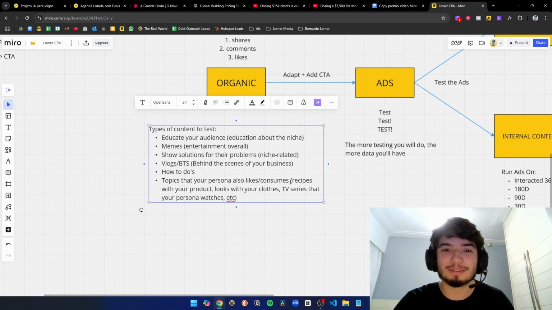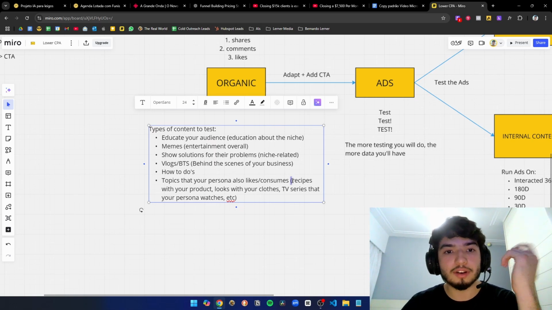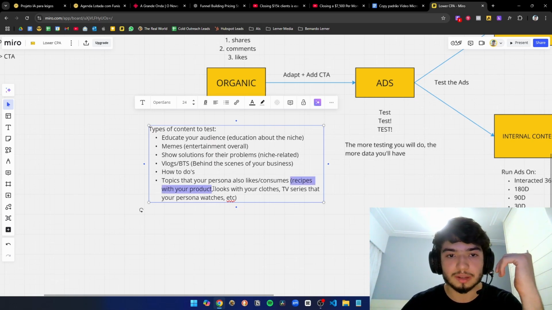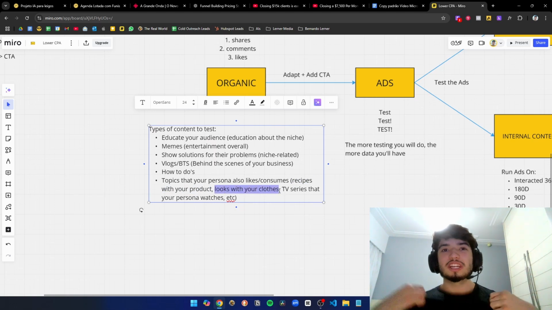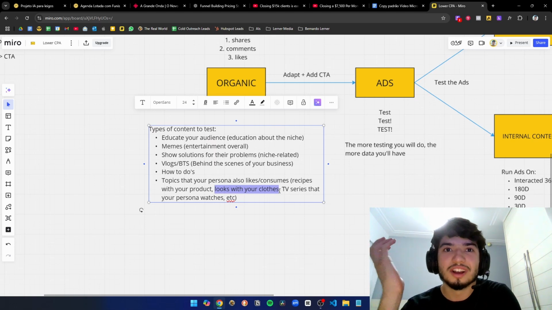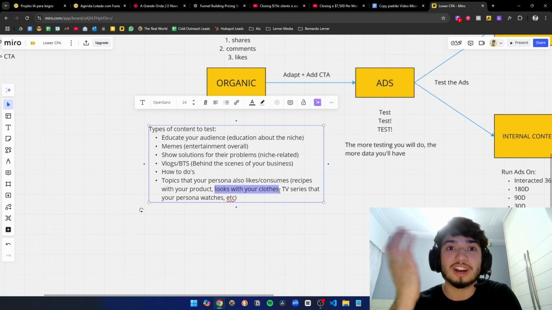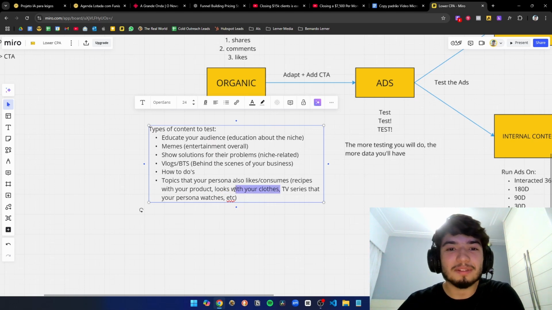It's bizarre. So some kind of examples are if you have a consumer product, like you make recipes with your products, you make different looks with your clothes, like clothing combinations. That works for fashion brands and, I don't know, girls fashion stuff. But actually, yeah, it works.